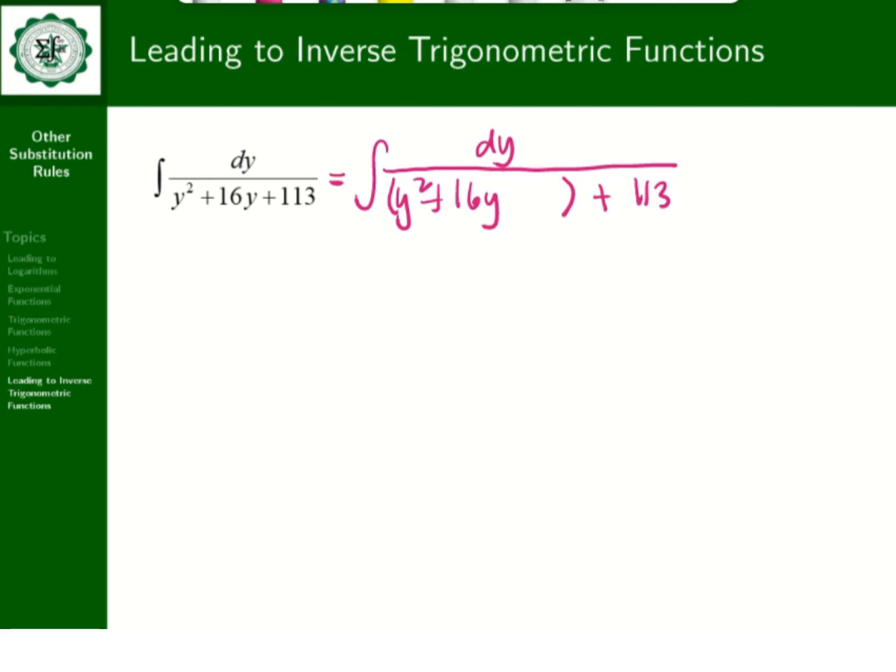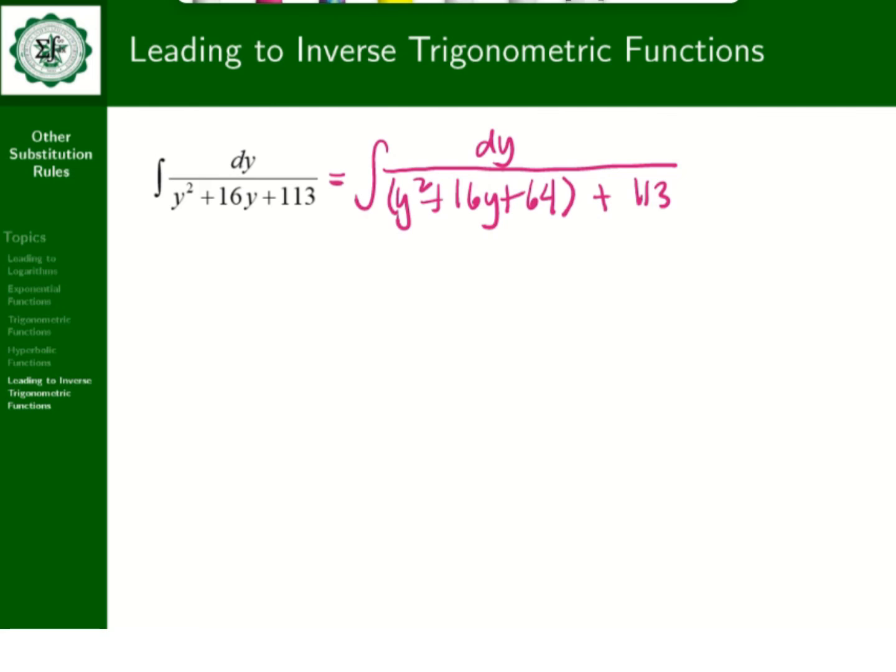That value will be obtained by dividing the coefficient of the linear term. The linear term is 16y, the coefficient is 16. We divide this by 2 and we square it. So 16 over 2 is 8, and we square 8, that would be 64.